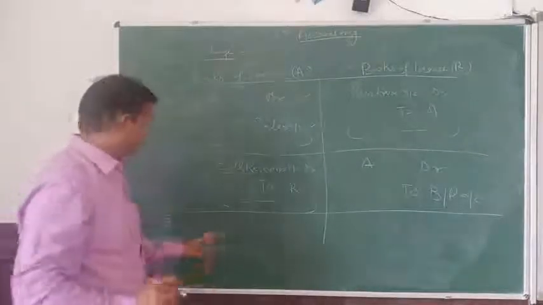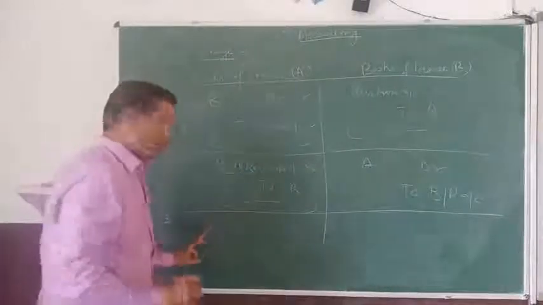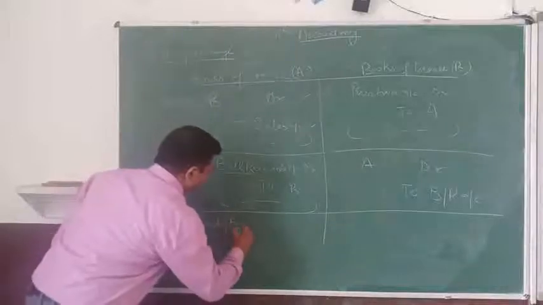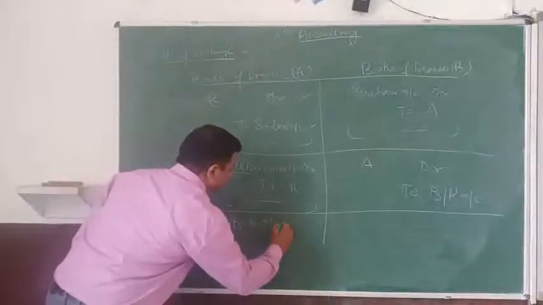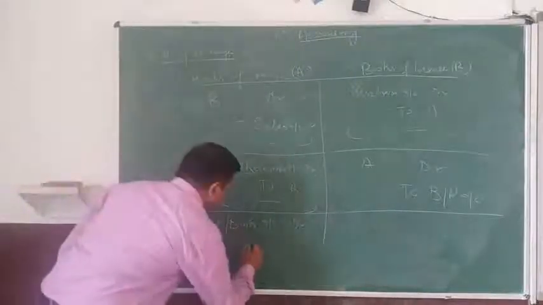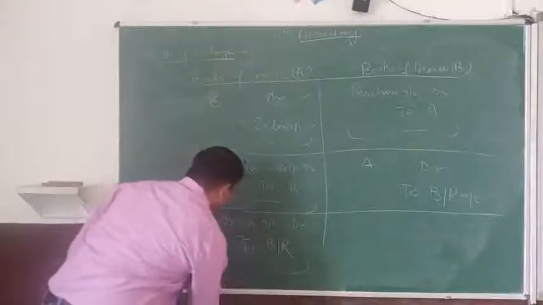When on due date this payment is made by the drawee and received by the drawer, the entry will be cash or bank. If he gave cash, then cash account debit; if he gave a cheque, then bank account debit to B/R. Cash account debit to B/R.